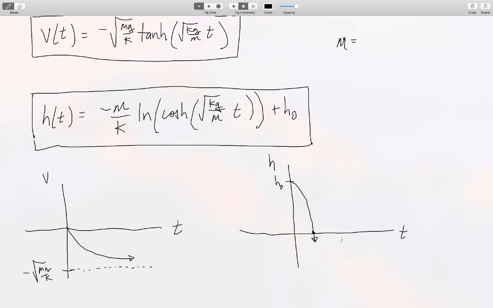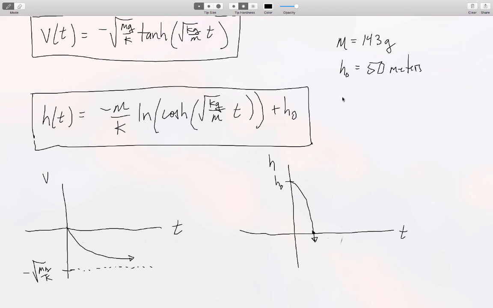So why don't we start with some examples. I looked up a baseball, and I thought that was about 143 grams. Let's take a height of 50 meters, and that's the initial height.